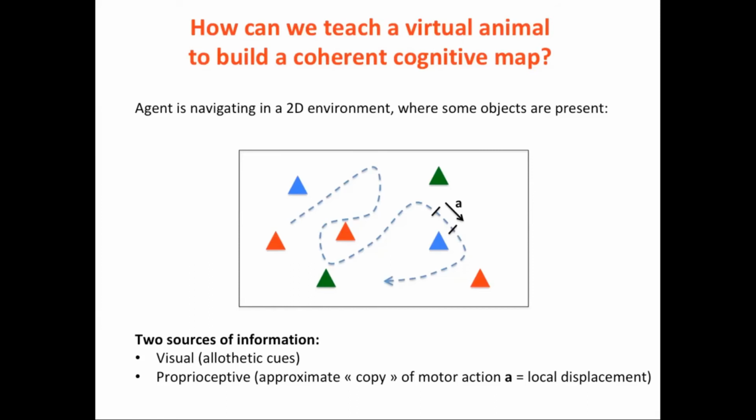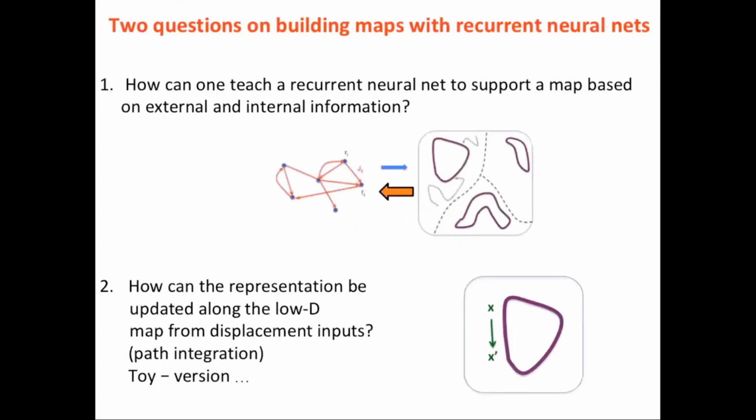At the same time, the visual information is not always available, for instance in the dark, or in specific situations. It could be that the image that the animal can actually use is completely distorted, and so the animal will have to make some choice between which source of information it wants to use. So there are many questions we can ask, and especially 2 questions are very important here.